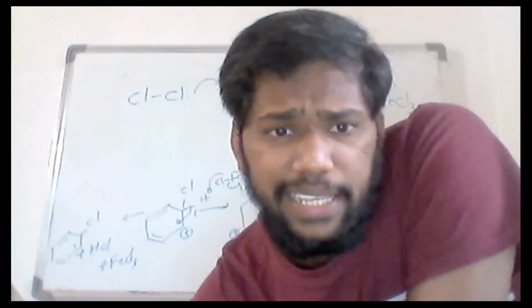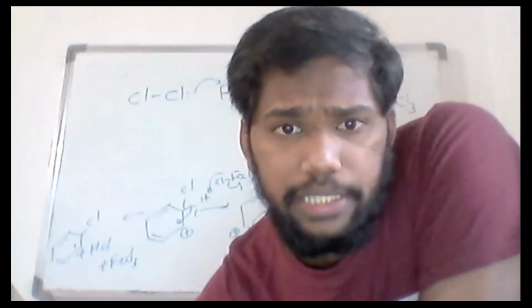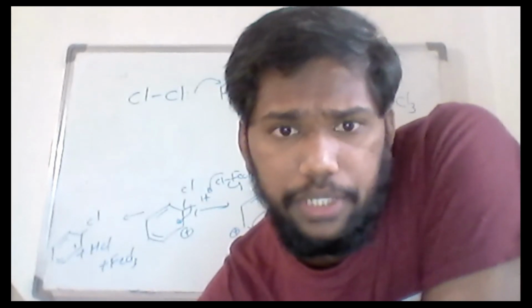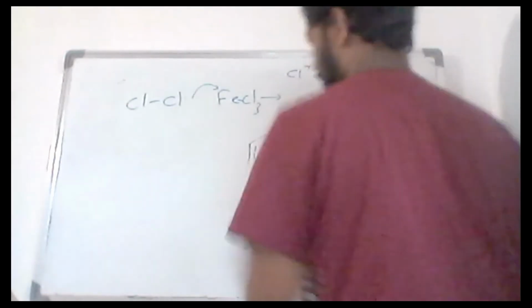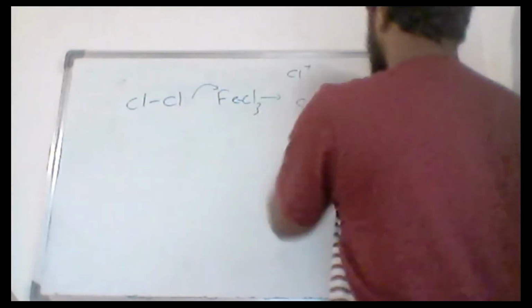So part C, using only chemicals given in the list, show how would you carry out the following conversion. So again, we will see the reaction and we will try to go through this very quickly.